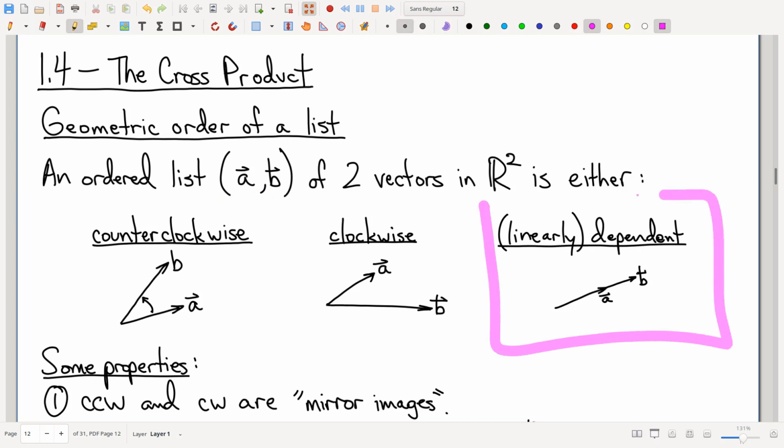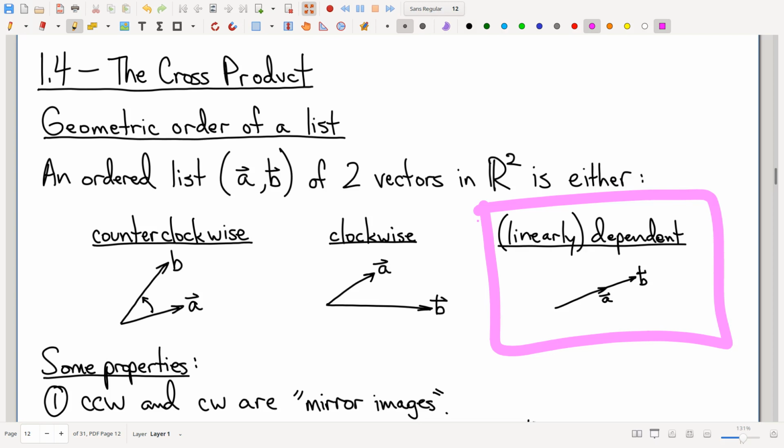There are various different annoying cases that don't fit into those scenarios, such as, okay, what if A was 0? Well, again, the 0 vector doesn't have a direction, so clockwise, counterclockwise doesn't make any sense if one of the vectors is 0. Likewise, if the 2 vectors point in the same direction, like I have here, there's no clockwise or counterclockwise.